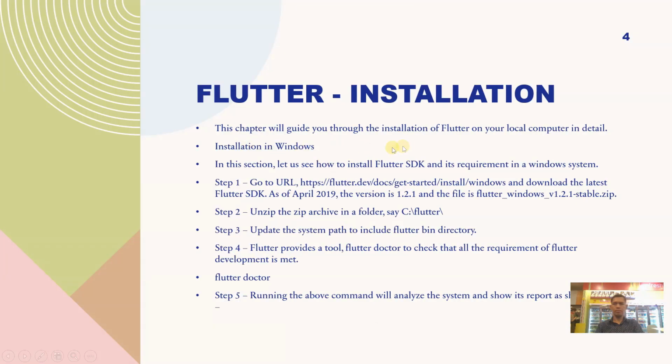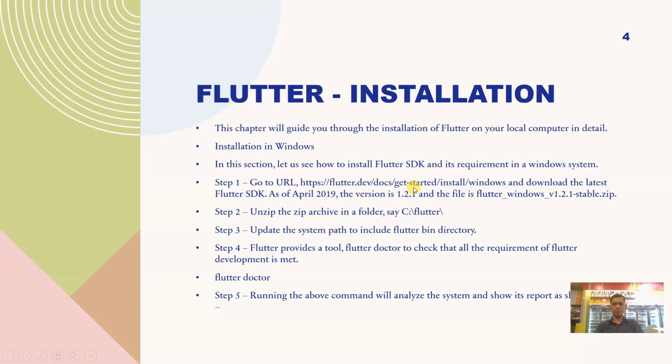Flutter installation. This chapter will guide you through the installation of Flutter on your local computer in detail. Installation in Windows. In this section, let us see how to install Flutter SDK and its requirements in a Windows system. Step 1.